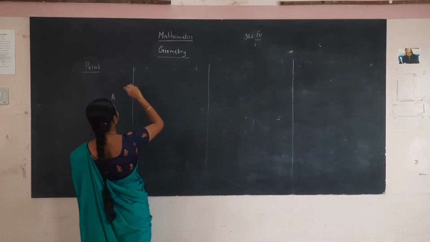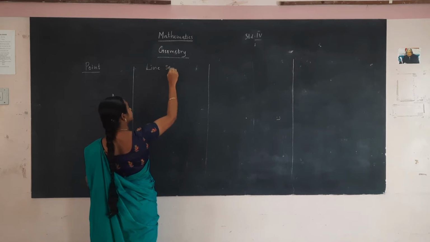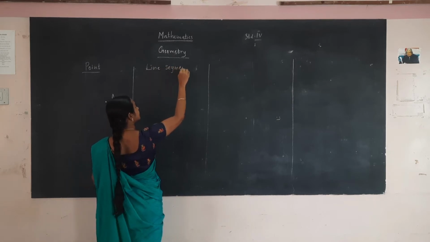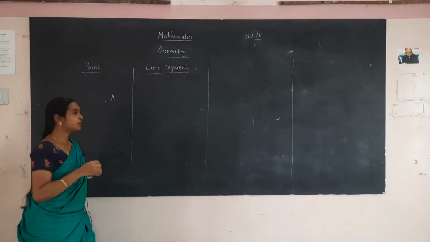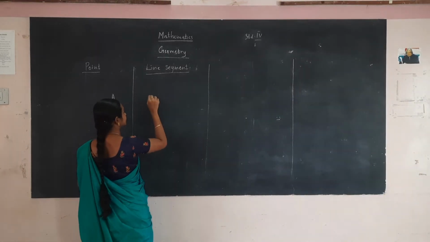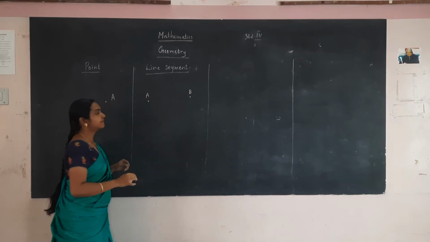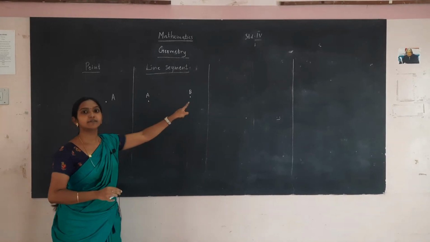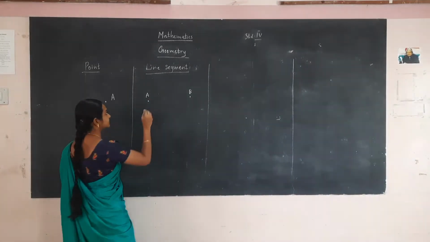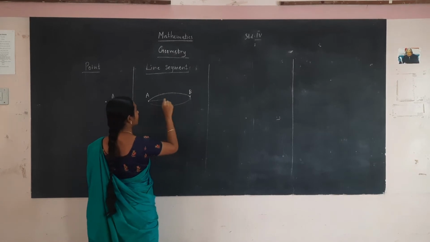Next, we are going to learn about line segment. Now consider 2 points A and B. Find the ways to reach B from A. We can reach like this or like this or like this.